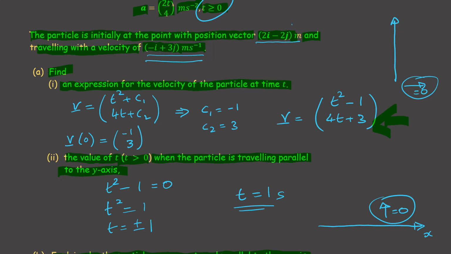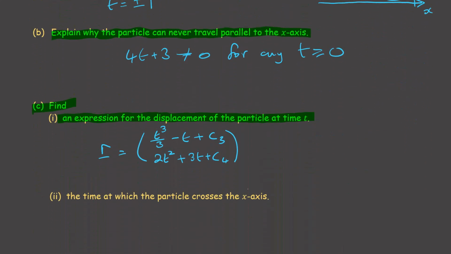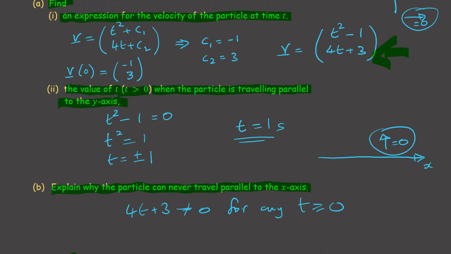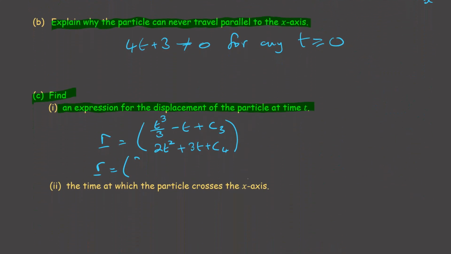We know that, that's the one we want, the displacement. We know that r is equal to 2, negative 2 when t equals 0. So when t equals 0, everything here that's a function of t is 0.